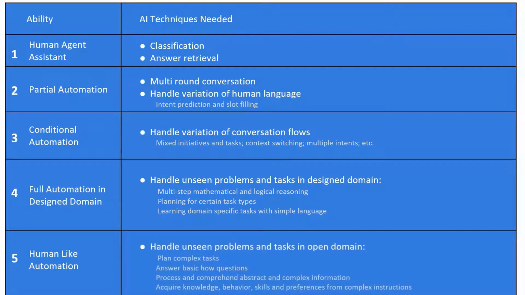And then for level 5, the virtual assistant should be human-like and can handle unseen problems and tasks in open domain. To do that, the virtual assistant needs to handle complex tasks, do some planning, answer basic how questions, process and comprehend abstract and complex information, and acquire knowledge, behavior, skills, and preferences from complex instructions.